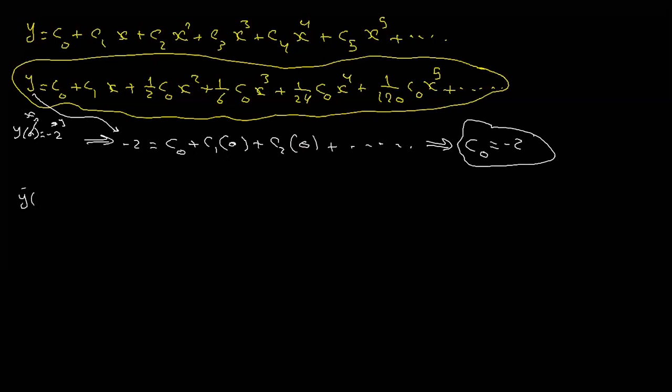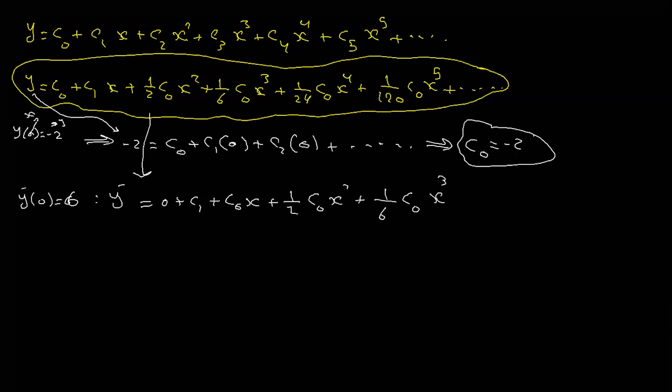Let me use the second condition. Second condition, y prime of 0 is equal to 6. But where is y prime? I should find y prime from this. Y prime equals 0 plus c1 plus, cancel 2 with 2, c0x plus, cancel 3 with 6, half c0x squared plus, 4 cancel, 1 over 6 c0x to the power 3, and so on.